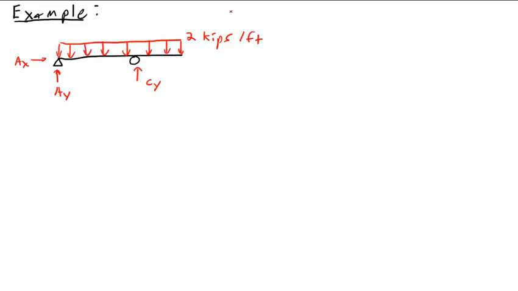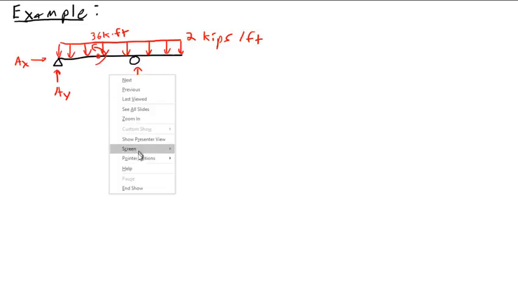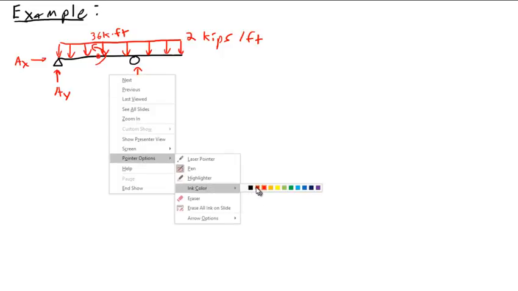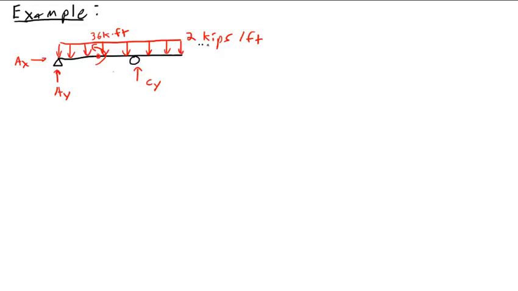And then at point B here, there will be an external moment applied of 36 kip feet. So we have an external moment at B. So essentially the loads applied to the structure are the distributed load and this 36 kip foot couple at B.